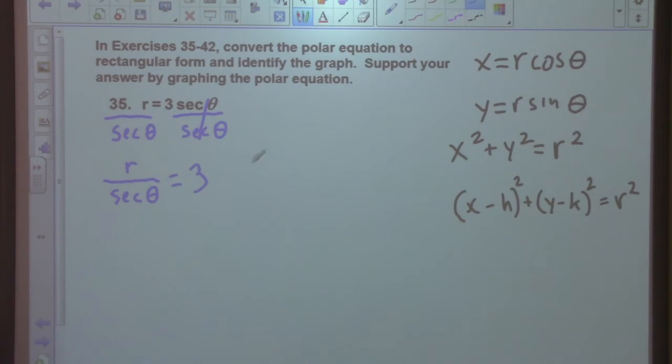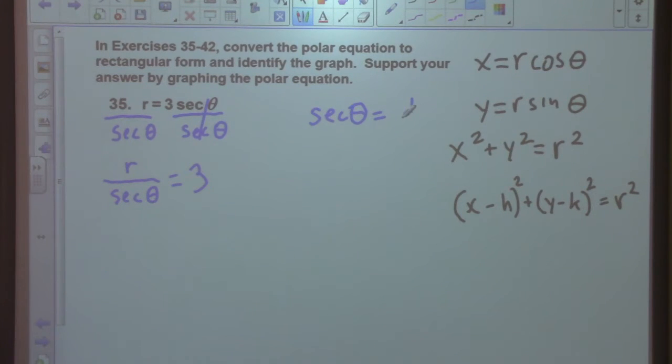Well, what is secant theta? I'll write it up here. What is secant theta? Remember what that is, on your formula chart. It's the reciprocal of one of the things.